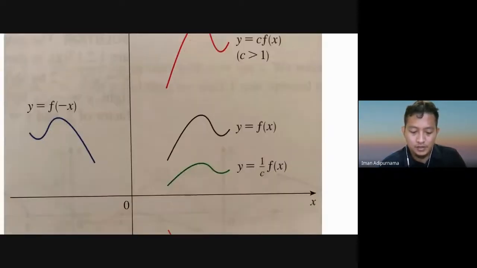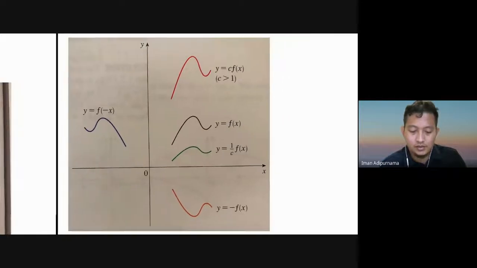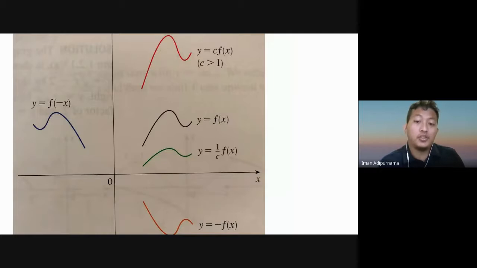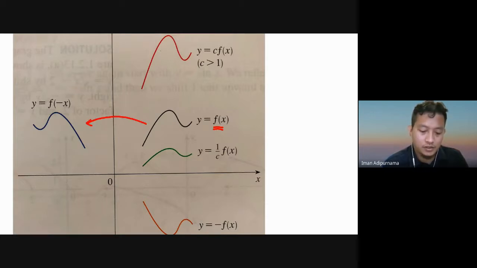The other is still transformations, but it's not just moving, you multiply the functions or you mirror the functions. So for example, this f of x, and if you put negative x, it might result in a mirror like this.